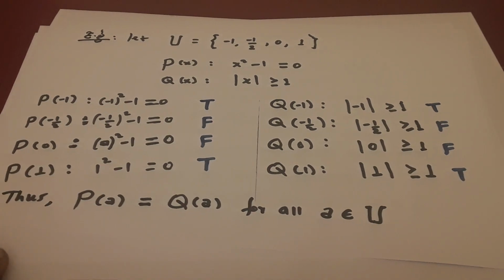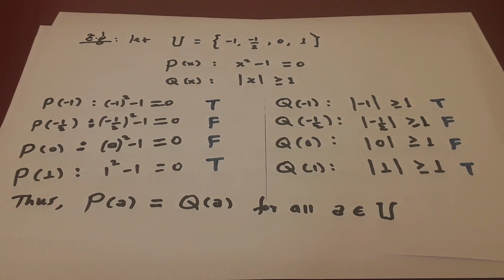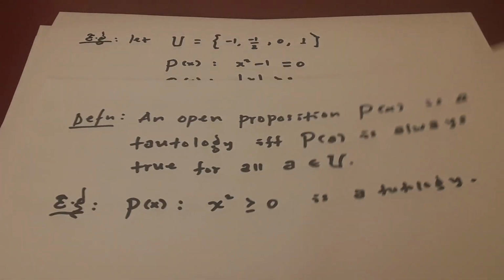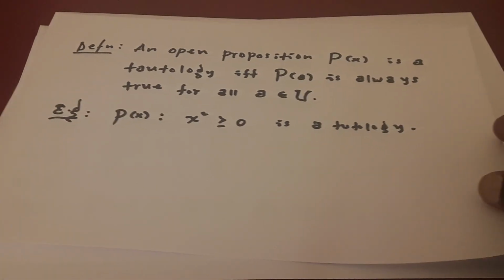This means P of A and Q of A have the same truth value for all A in U, because we have true, false, false, true in both cases. So the propositions P and Q are equivalent.